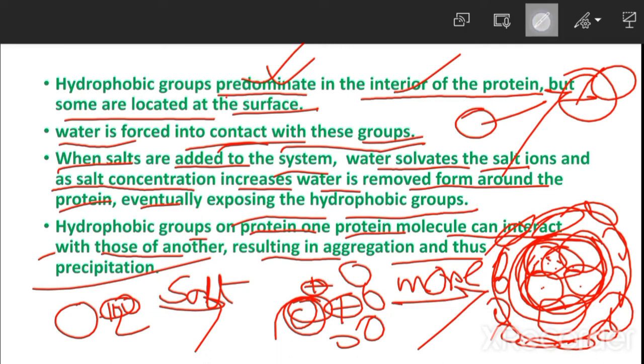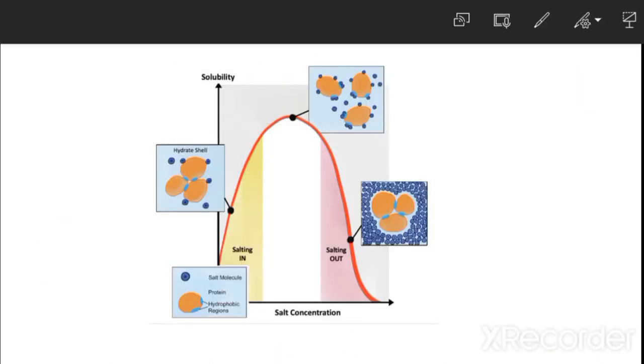Next, here you see salt molecules, protein, hydrophobic region. Here the blue part is salt molecules, the sky blue part is the hydrophobic region, and the orange part is protein. Here at first the protein interacts with the hydrophobic region, then salt comes. When you add salt here, in the salting in condition, the protein interacts with salt.